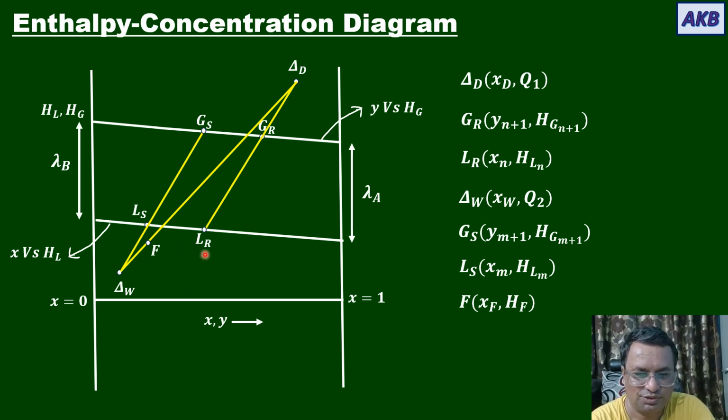In future videos, I'll be discussing that in detail. Okay, so for the time being, you can now easily understand that the energy balance for the tray column gave us these points, and now we know how all these points can be represented on the enthalpy concentration diagram.